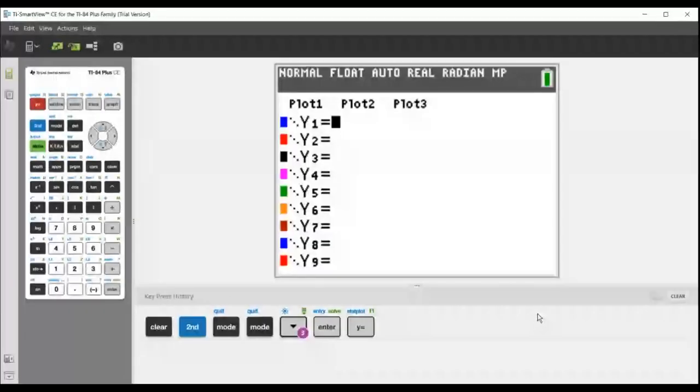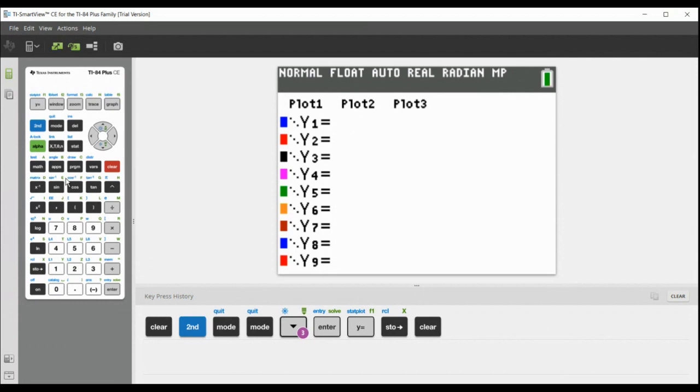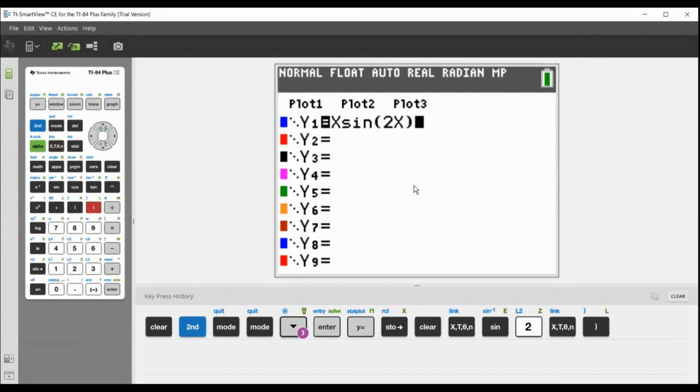Share application. Okay, so I'm going to type in my function, x times the sine of 2x, and now I'm going to type in my fourth degree Taylor polynomial.